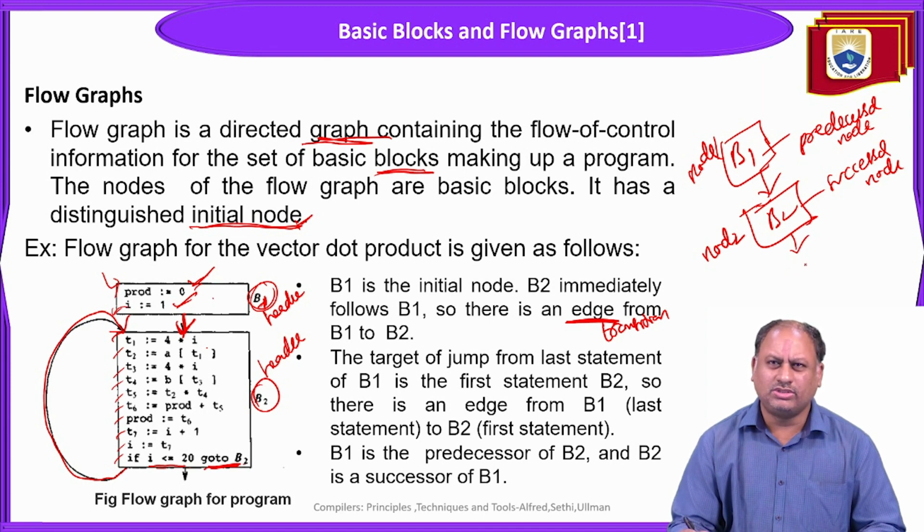Like that, several nodes are there in the flow graph, and the transitions are represented as edges, a connection from block 1 to block 2. That is, the last statement of B1 gets connected with the first statement of B2.